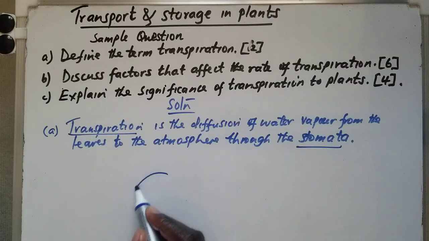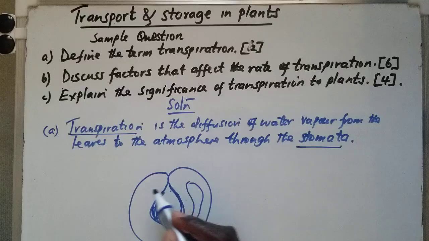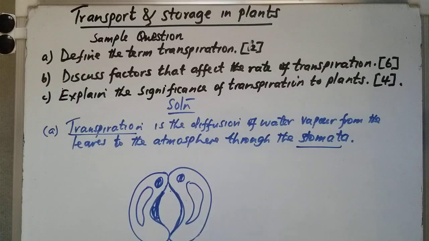Usually the guard cells look bean shaped like that, and in most cases this is what is going to be happening there. The guard cells go in pairs.